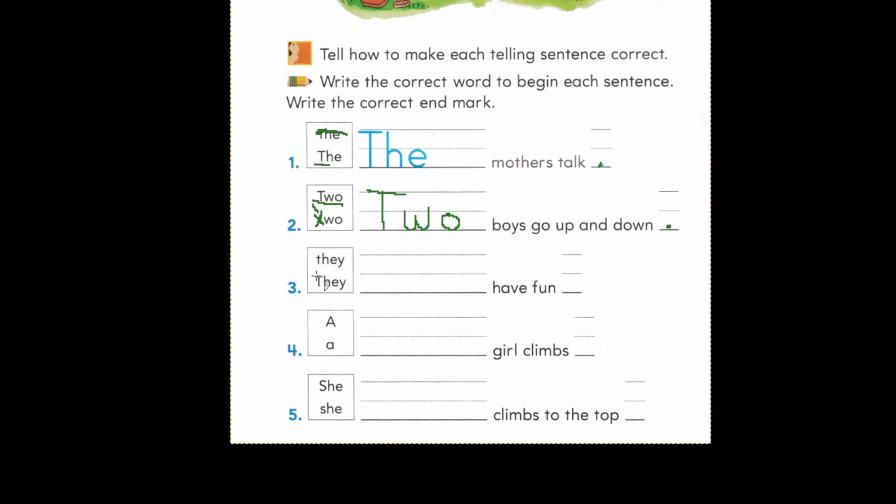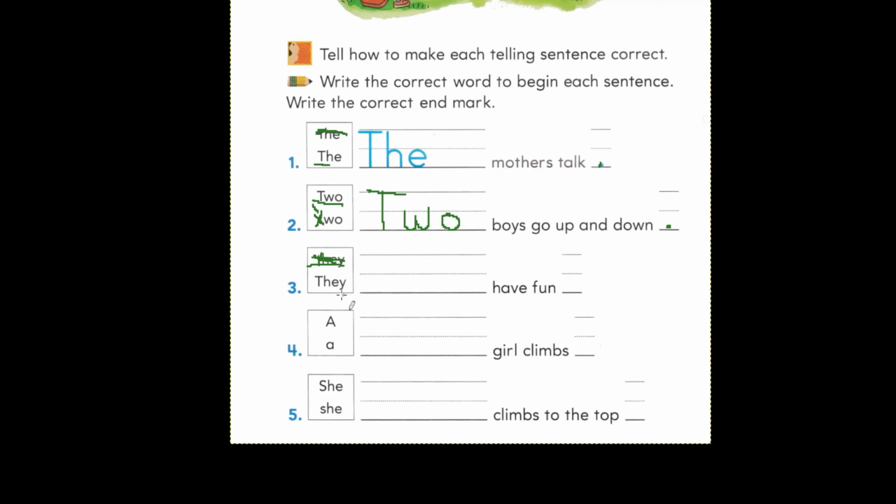Let's move on. Number 3, they. Okay, so remember there's 2 things we need for a telling sentence: an uppercase letter to start the sentence and a period to finish. So let's see. Again, we have a lowercase t, so we can't use that.